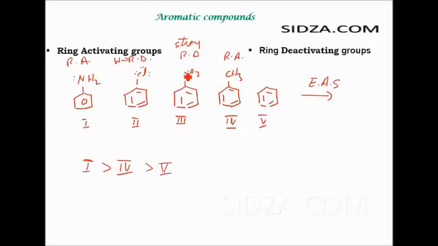It will deactivate the ring to a very high extent. Okay, chlorine also will decrease the reactivity, but to a relatively smaller extent. So therefore the second one will be the faster one, right? And then the third one. Now this is the order of reactivity towards any electrophilic substitution reaction for these molecules.